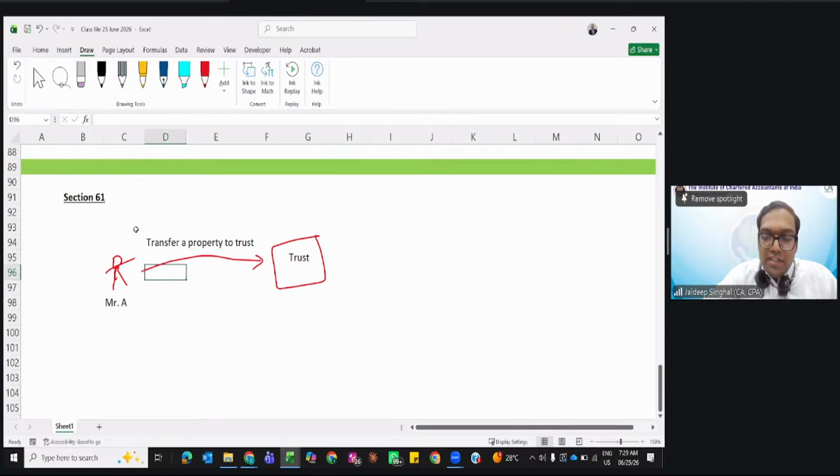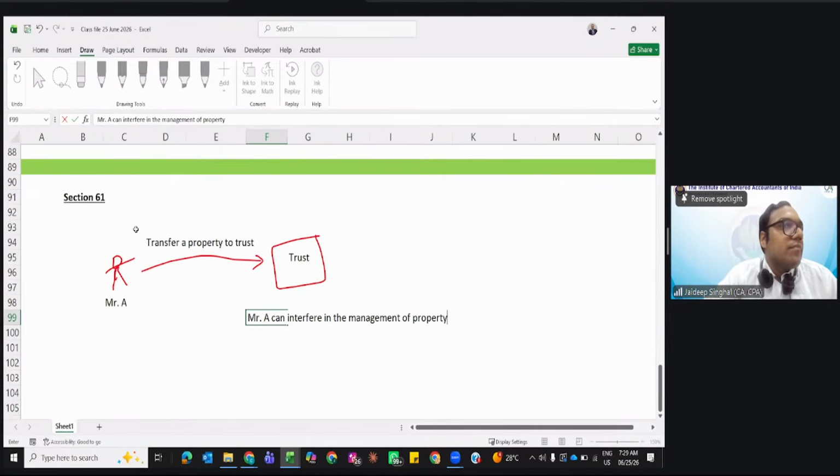Now Mr. A says I can interfere in the management of the property. Mr. A can even take back the property.